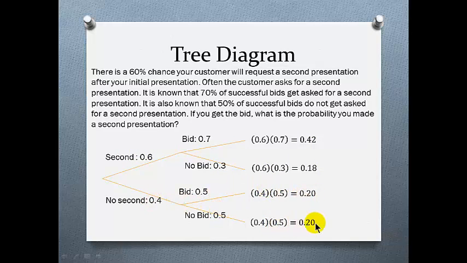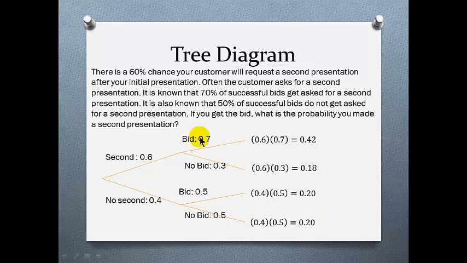And 0.4 times 0.5 is 0.20 again. Notice each grouping adds to 1. And if you add all four of our final probabilities, they'll add to 1. It's a good sign, a good check that we did everything correctly.